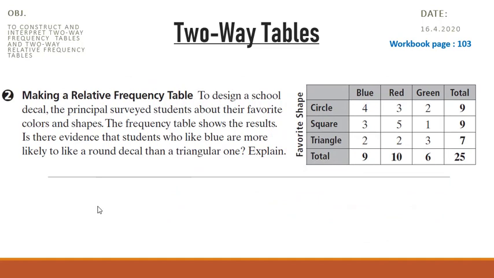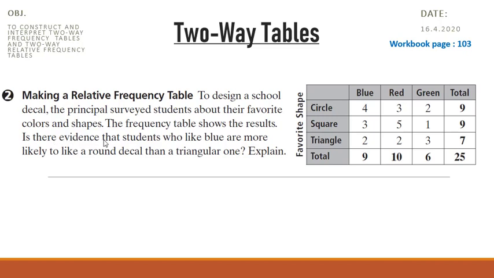Now in this one, we will make a relative frequency table. Let's read the question first. To design a school decal, the principal surveyed students about their favorite colors and shapes. The frequency table shows the results.